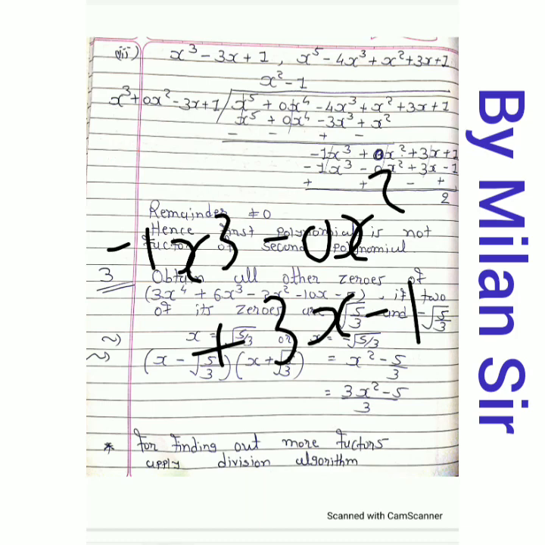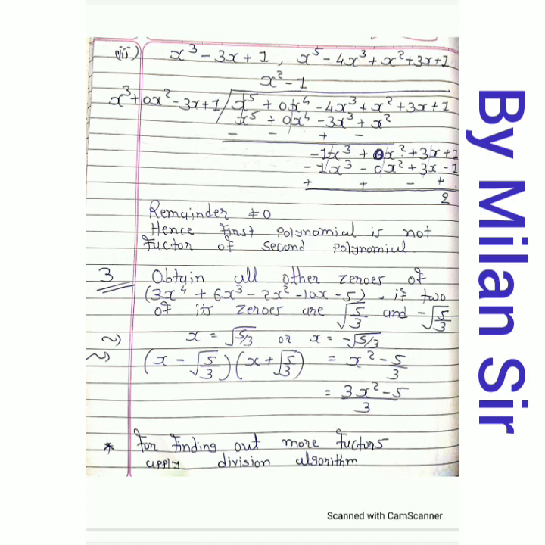Okay, so write down this answer here, minus 1x cube minus 0x square plus 3x minus 1. So now subtraction process, that's why we change the sign. Minus is converted in plus, minus is converted in plus, plus is converted in minus, minus is converted in plus.